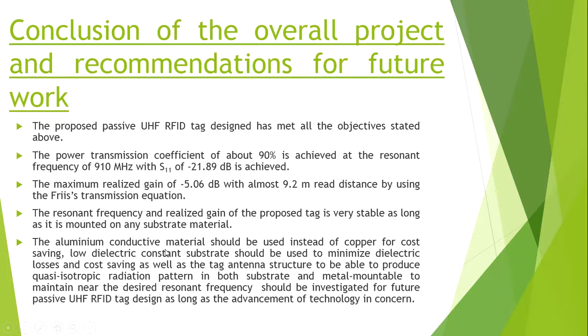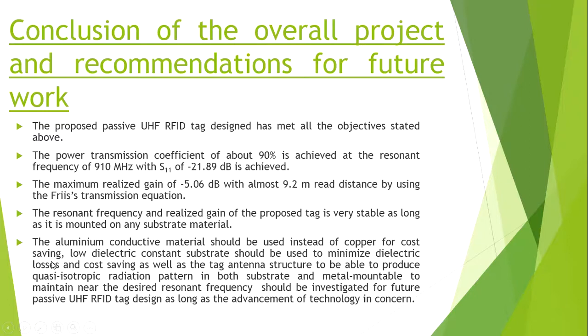The disadvantages that should be amended if possible for my RFID tag project are that aluminium conductive material should be used instead of copper. Also, as I already mentioned just now, a high dielectric constant substrate will jeopardize the RF performance of the RFID tag antenna, so a low dielectric constant should be used instead.